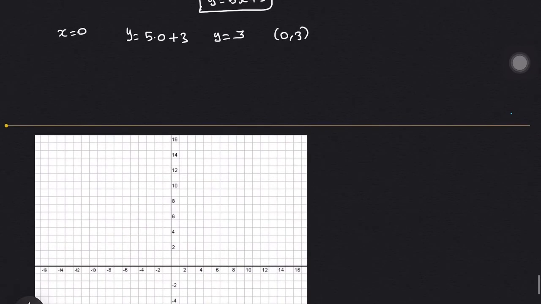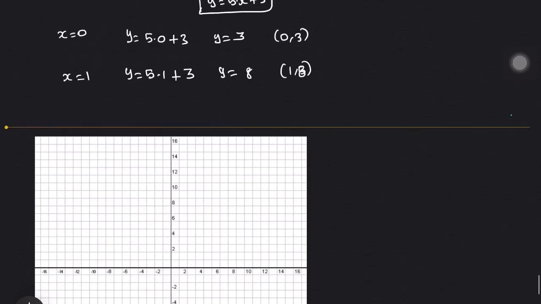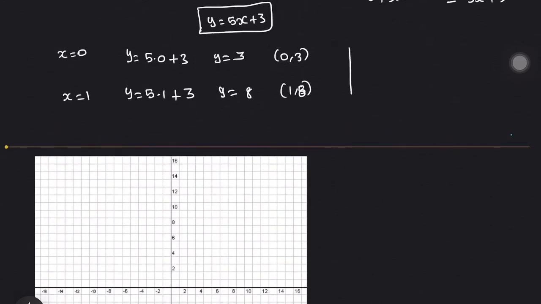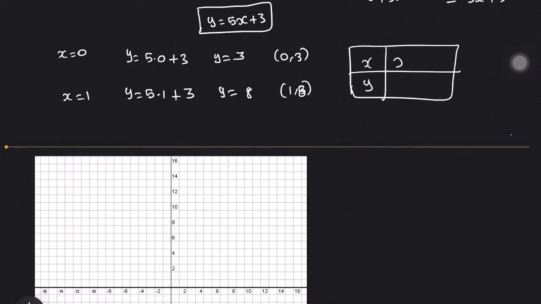Next, apply x is equal to 1. Then y equals 5 times 1 plus 3, so y is equal to 5 plus 3, 8. Sorry, (1, 8) is a point. x equal to 0 means y is 3, and x equal to 1 means y is 8. So based on these 2 points, we draw the graph.